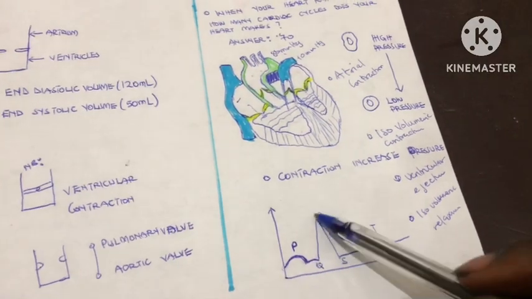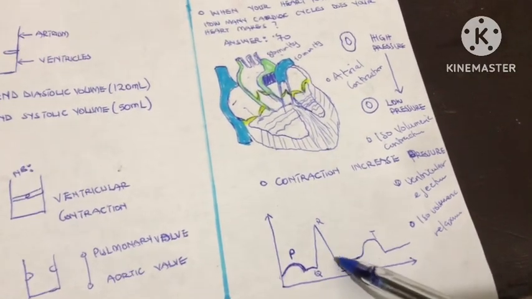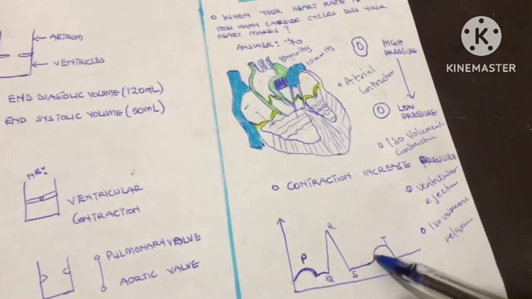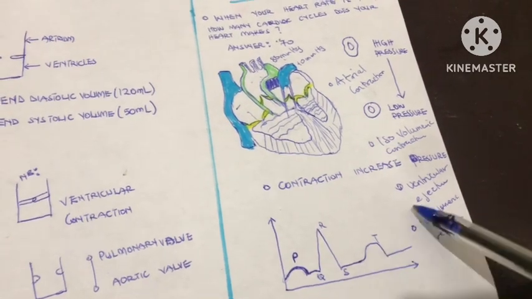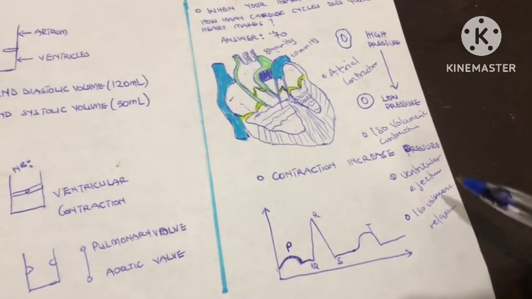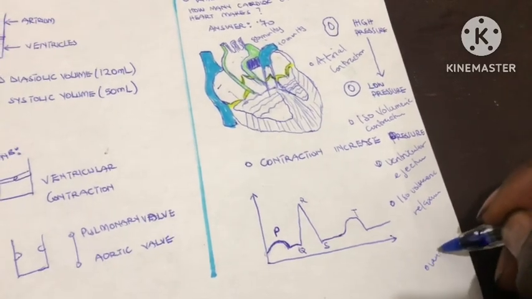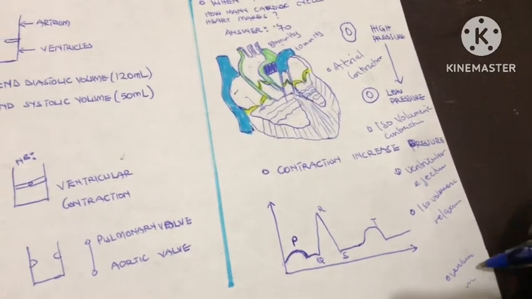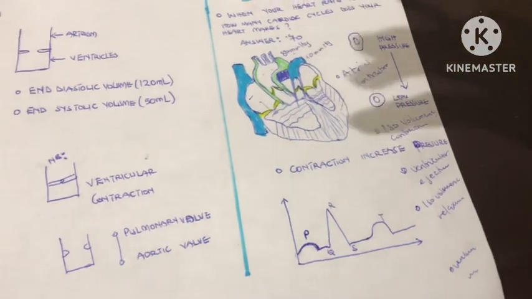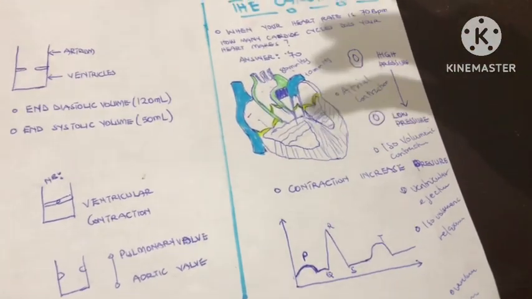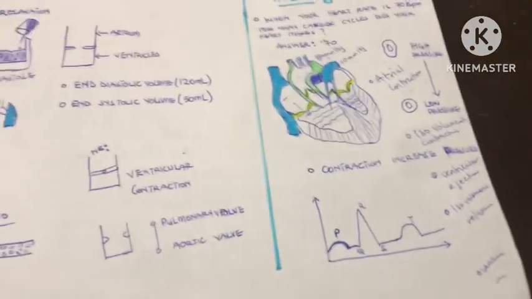And this T wave represents ventricular relaxation, to allow the ventricles to be filled with blood. So that's all. And now let's look at blood flow.